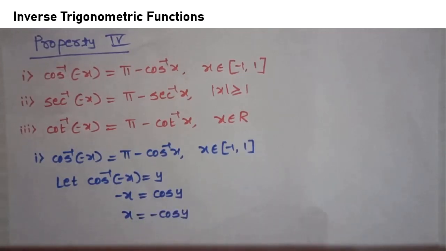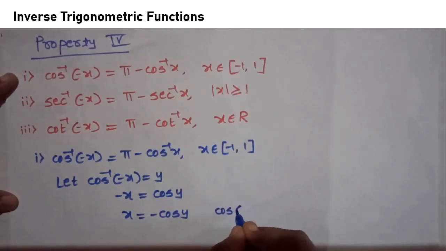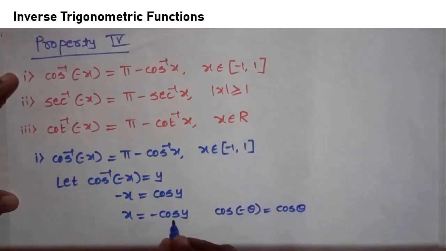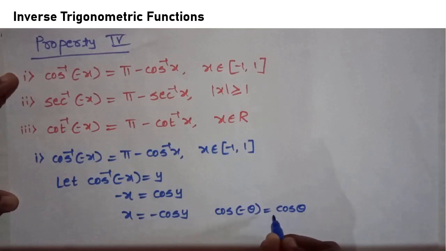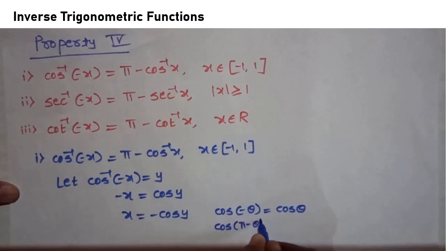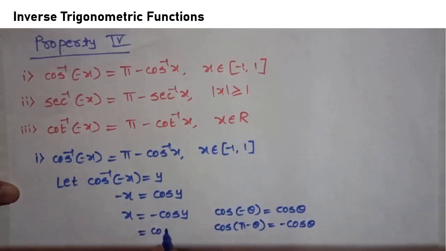You already know sin of minus theta is minus sin theta, but cos of minus theta is plus cos theta, so we can't write it that way. Therefore cos of pi minus theta is minus cos theta, so we can write minus cos y as cos of pi minus y.